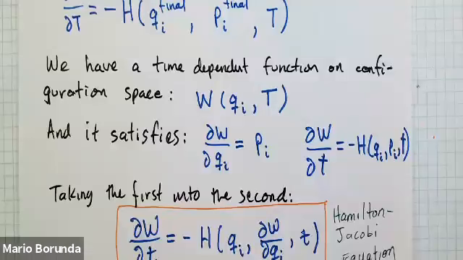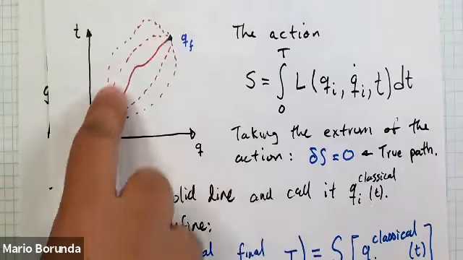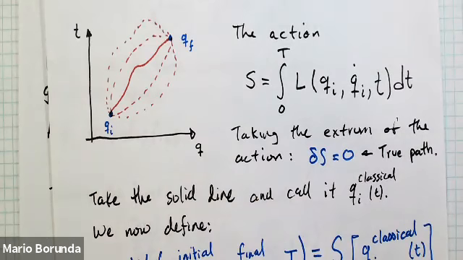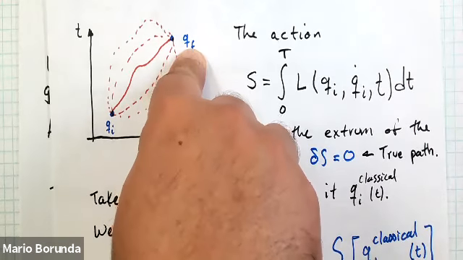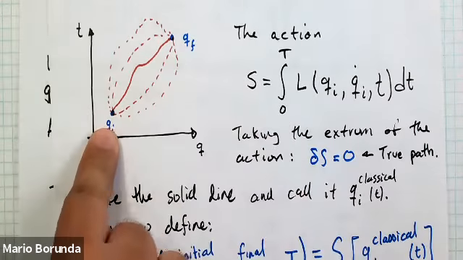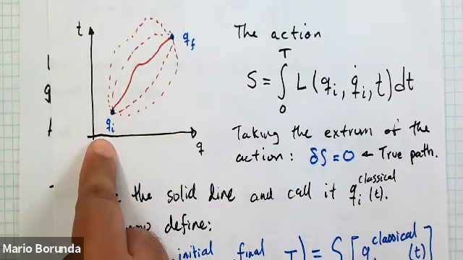No? All right, so let's now look at the philosophy of what we have done. We have a solution. We have shown how a solution to the Hamilton-Jacobi equation can be constructed just from classical paths. So here, this is my classical path that reaches this point at a time capital T, starting from some initial point Qi.